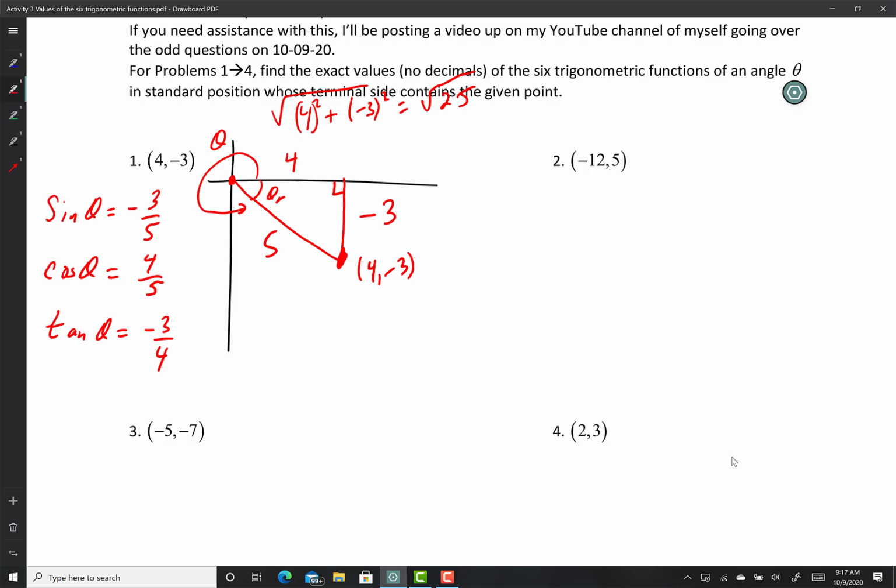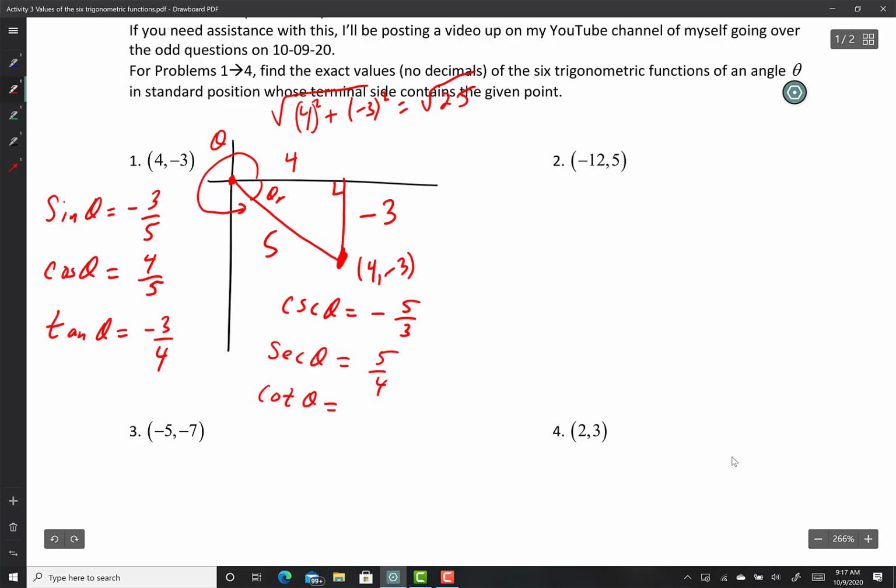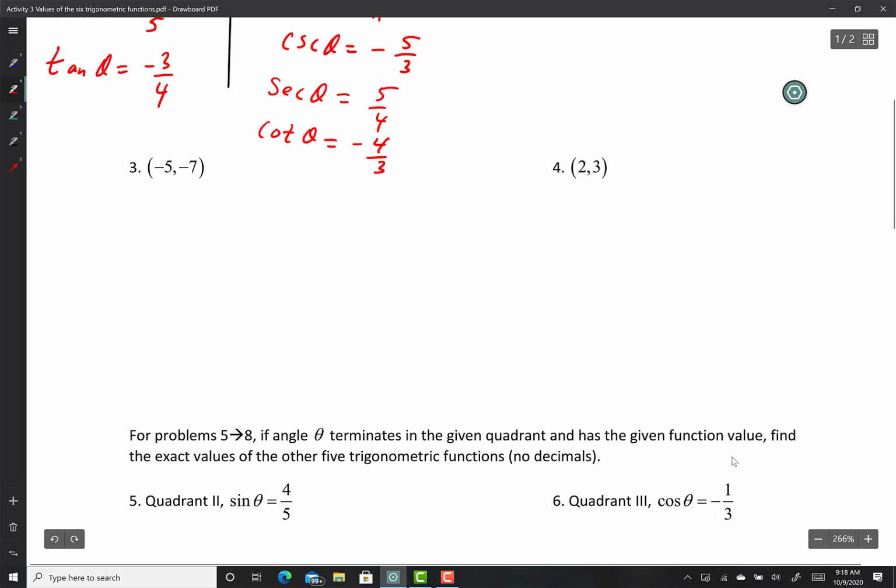So cosecant theta is a reciprocal of sine, so -5/3. Secant theta is a reciprocal of cosine, so 5/4. And cotangent theta is a reciprocal of tangent, so -4/3. And there it is, guys, and that's pretty much all you're doing there.